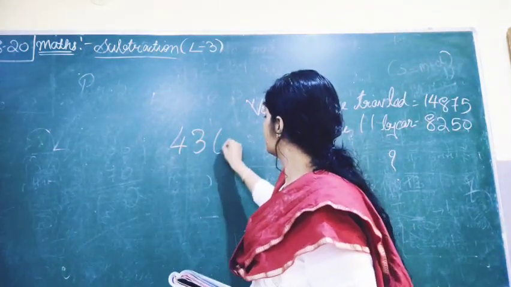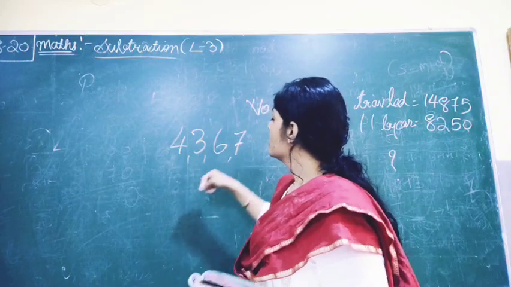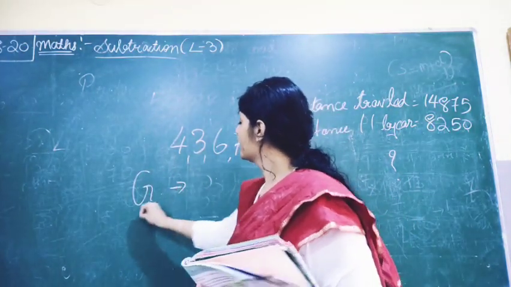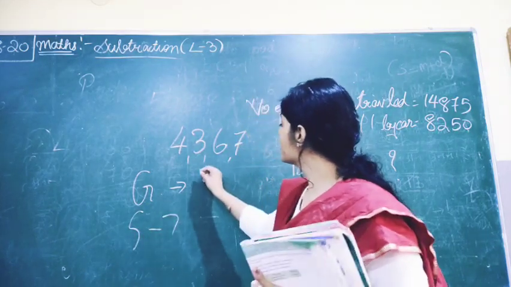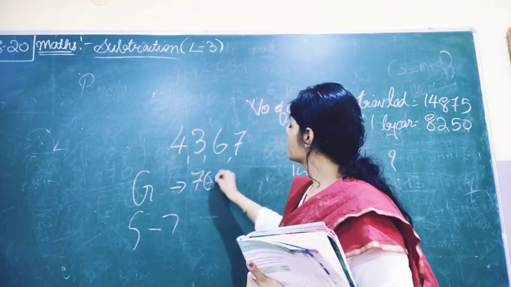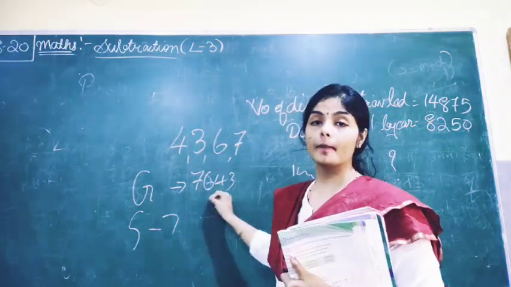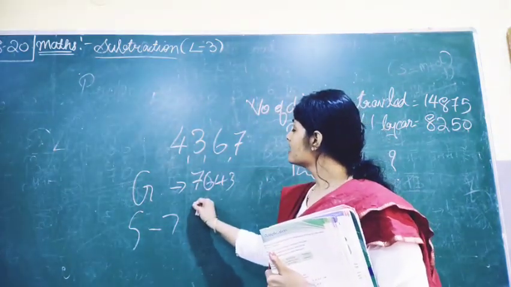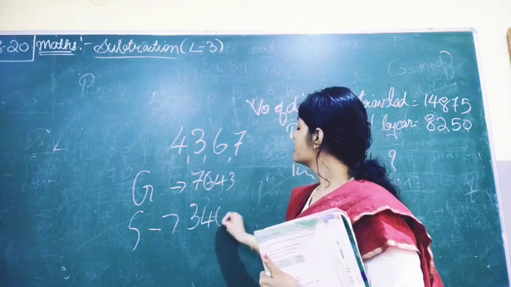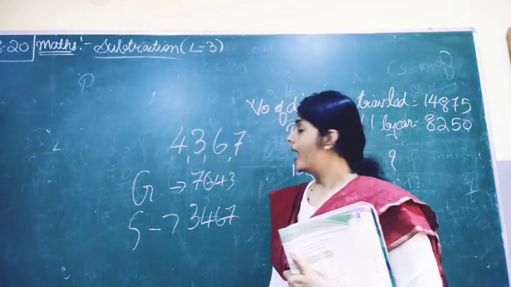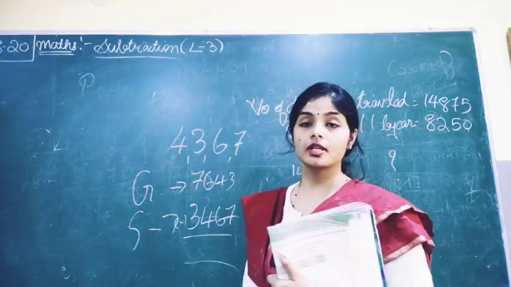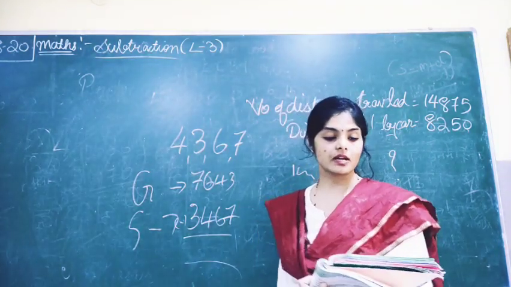You have to arrange them to make the greatest number and the smallest number. Greatest number is 7643 without any commas; only then it becomes a number. Smallest is 3467. Got it? And you have to subtract these numbers. Work this out, children. I'll ask you in the interactive session.